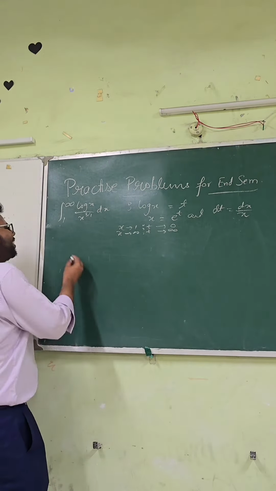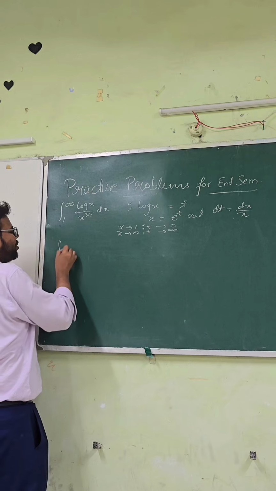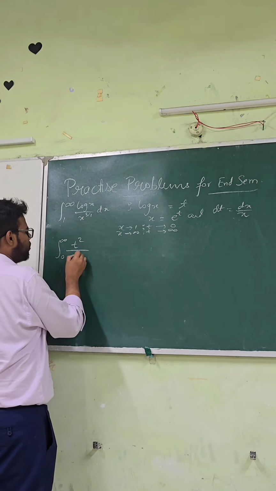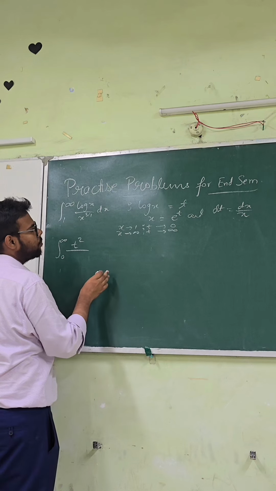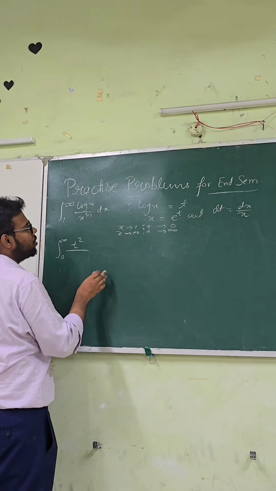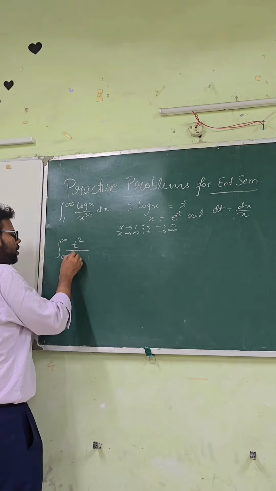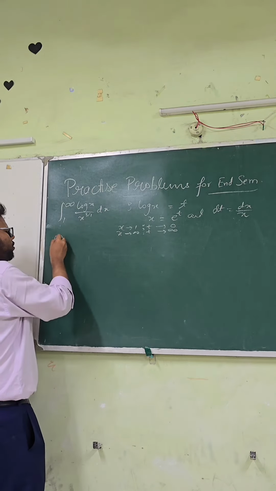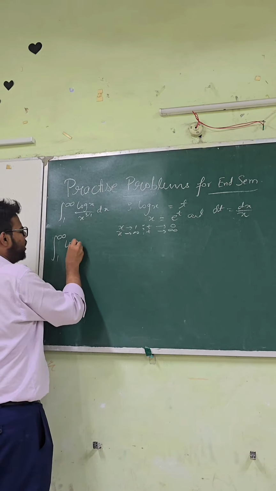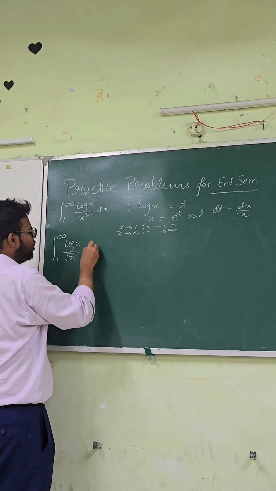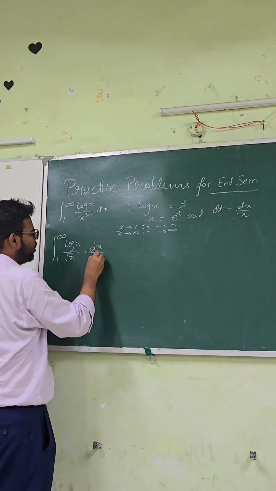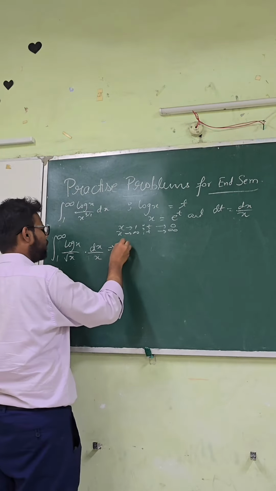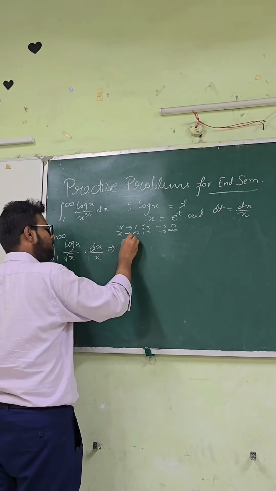So we get integral 0 to infinity of t square by, from here we get dx by x. Notice that this integral was 1 to infinity of log of x whole square by root x into dx by x, right? We got this. Now change the limit, 0 to infinity.